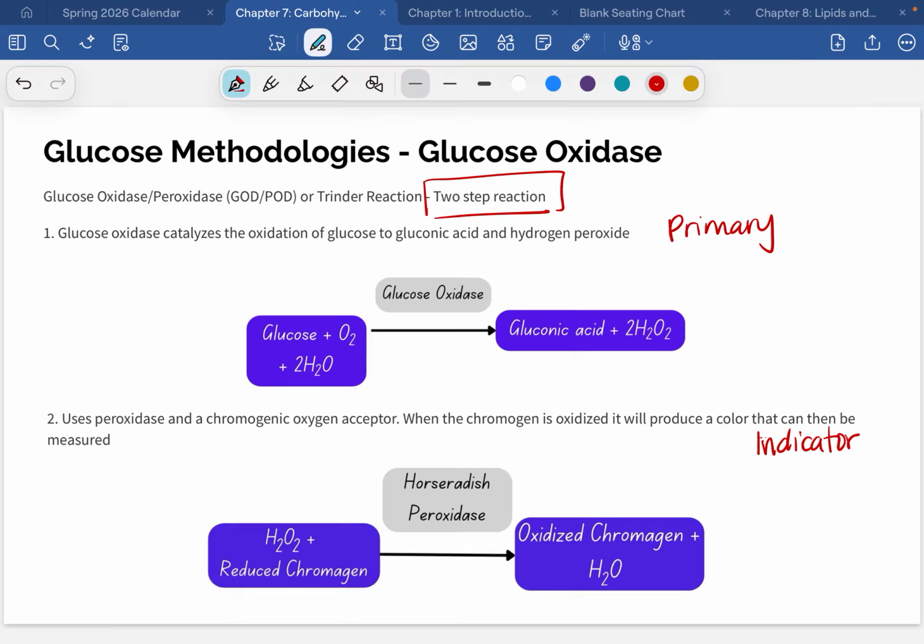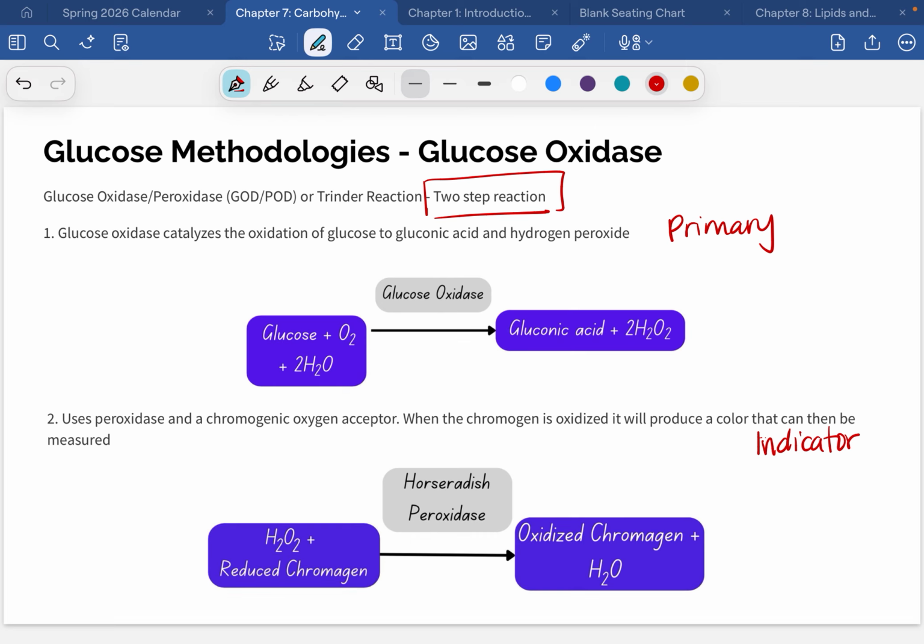The indicator reaction is a reaction that causes a change that we can visibly see or measure, whether that's something that can be measured with a spectrophotometer or a mass spectrometer or lots of different things, but a lot of chemistry uses spectrophotometers.